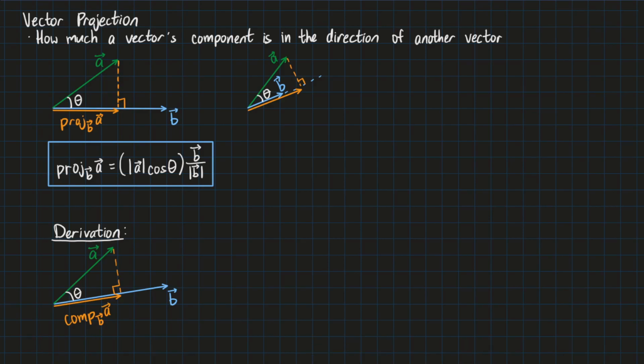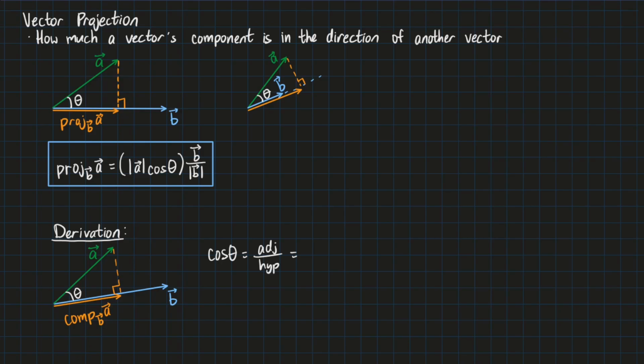So relating the angle, the magnitude of vector A, and the component of A onto B, we use a trigonometric function. The magnitude of A would be the hypotenuse of the triangle, and the component of A onto B would be adjacent to the angle theta. So remember, the cosine of theta equals adjacent over hypotenuse.